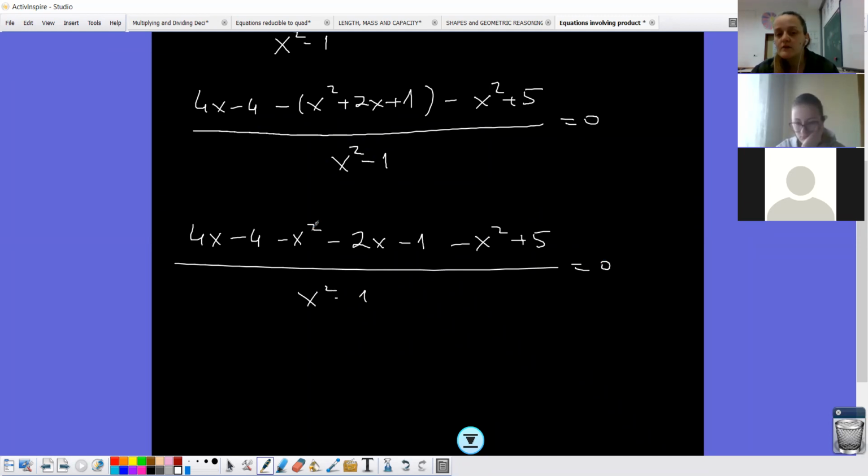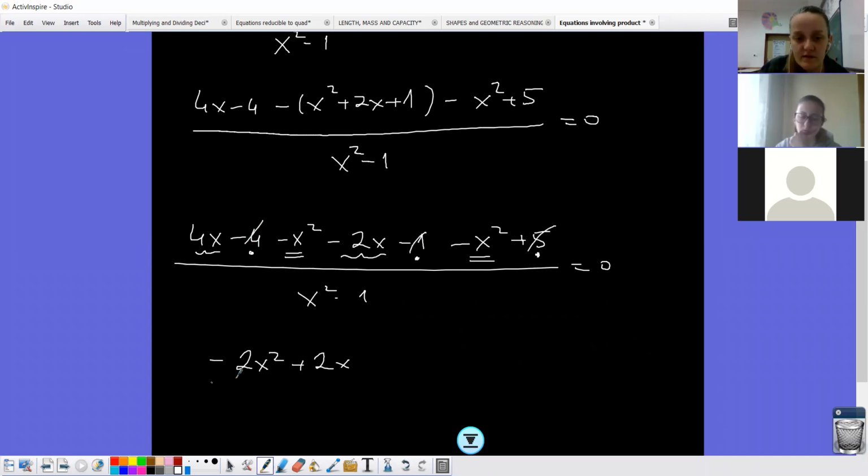Now let's see, I have minus x squared, which will be minus 2x squared. Then I have 4x minus 2x, which will be plus 2x. And I have minus 4, minus 1, which is minus 5, and plus 5. This all will cancel each other. So here I have over x squared minus 1 is equal to 0.